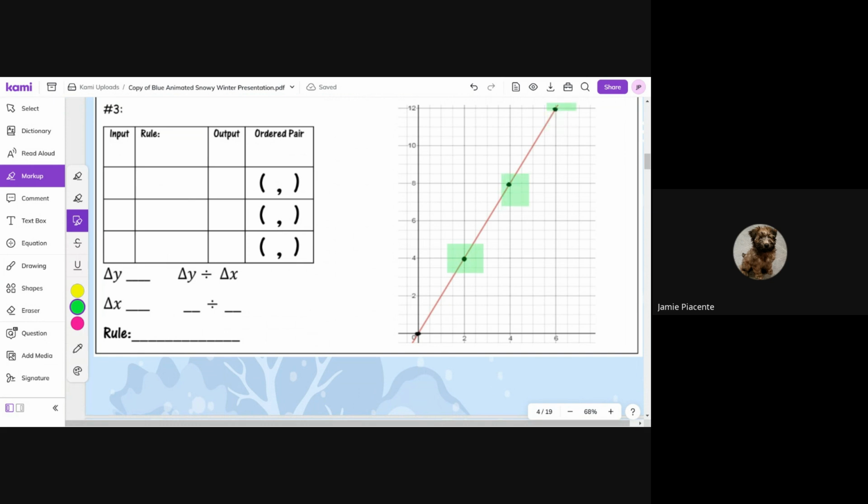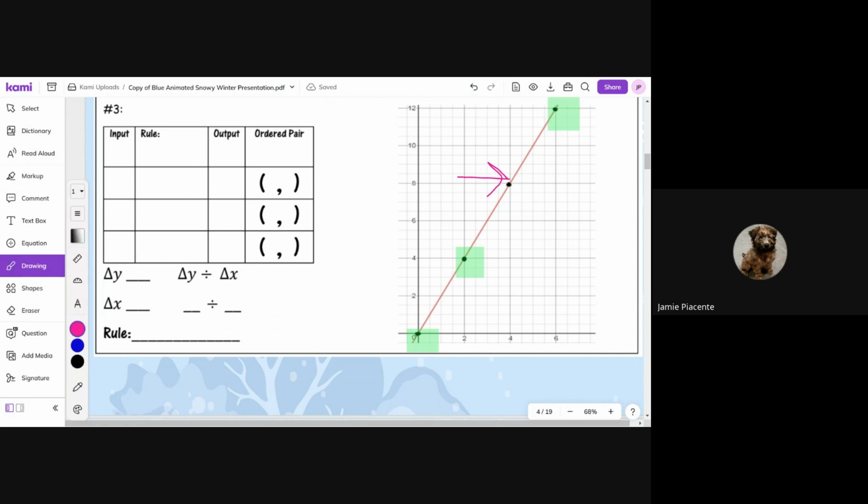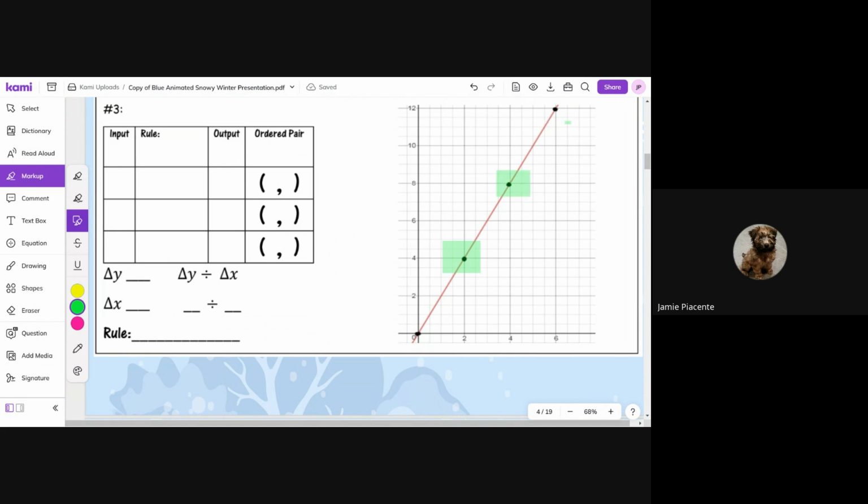Remember, it has to be 3 points in a row. Please don't write this or highlight: I cannot do 1, 2, and then choose the one up here, leaving this one over here all by itself. No, it has to be 3 points in a row. It doesn't matter which 3, but it has to be 3 in a row. So I'm going to choose 1, 2, and 3.